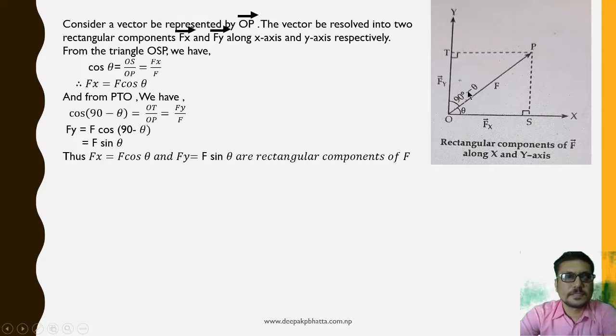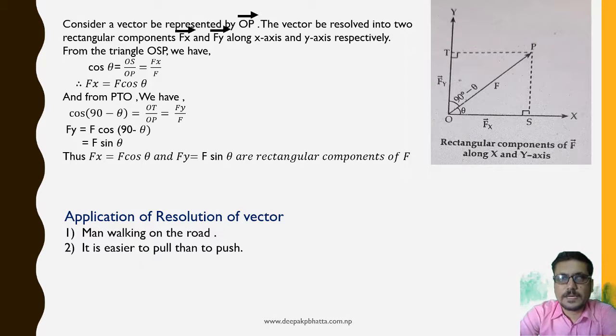Thus Fx is F cos theta and Fy is F sin theta, since cos of 90 minus theta means sin theta. In this way we can calculate the rectangular components of vector F. Similarly, you can do it for velocity also.